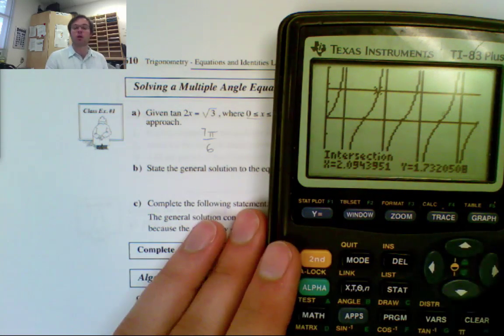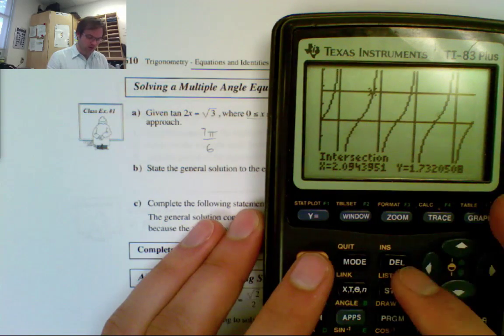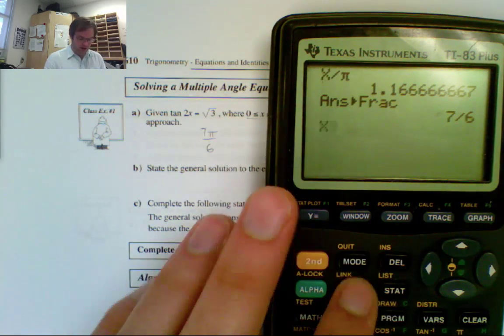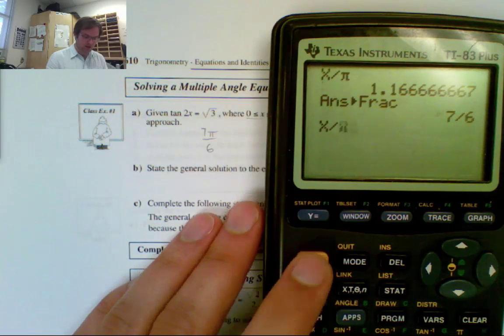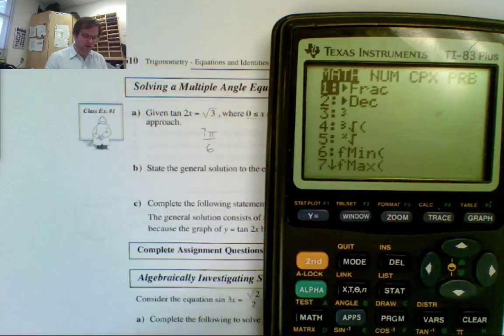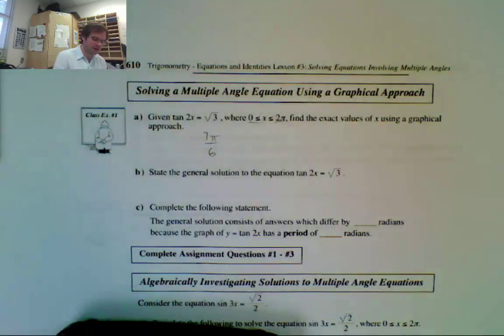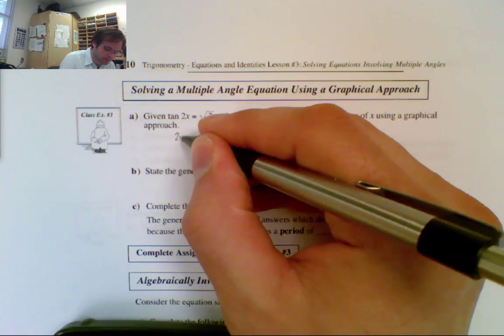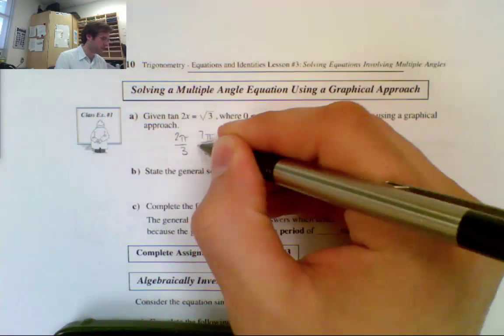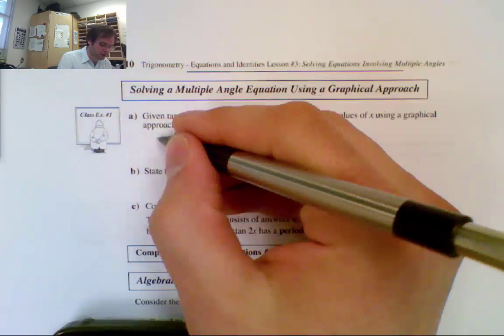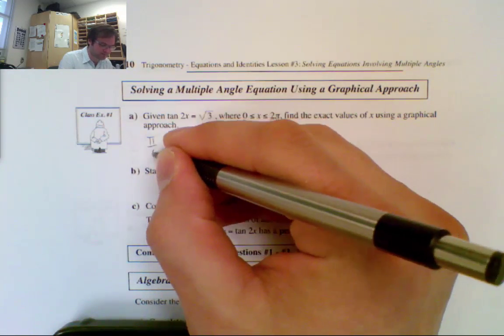Once again, I want to put that in exact terms. So I'm going to get out of there, go x divided by pi, and go math, fraction. And I get 2 over 3. So we have another one that's 2 pi over 3.